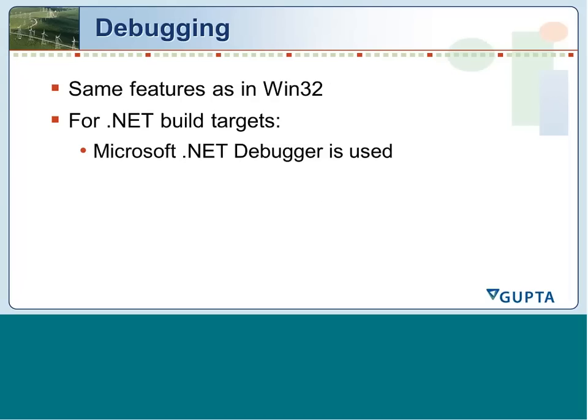But for .NET build targets, we use the Microsoft .NET debugger in the background. So this is really based on the .NET structure. That means we step through the XAML files, we step through resource files, and so on. And that was one reason why we have the temporary Visual Studio structure, how to deal with projects.